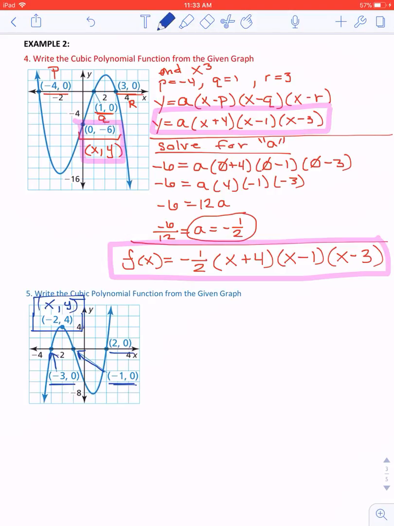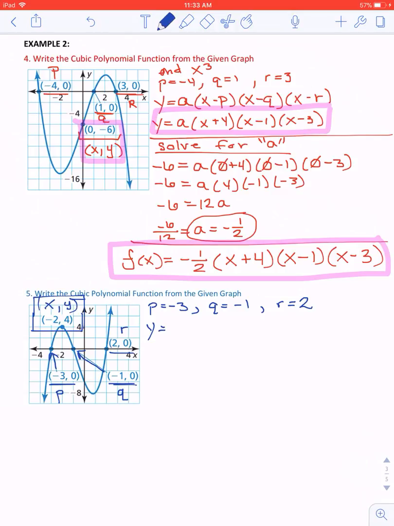So, first thing, I need to end in an x cubed because it's cubic. I need to identify my three intercepts, so I'm going to call that P, Q, and R. So what does P equal? -3. How about Q? -1. And R? 2. All right, so I need to write out what form? Intercept form. We know intercepts.